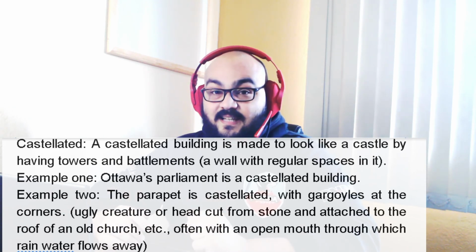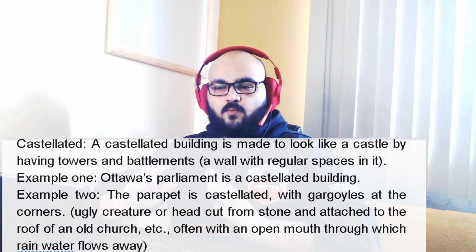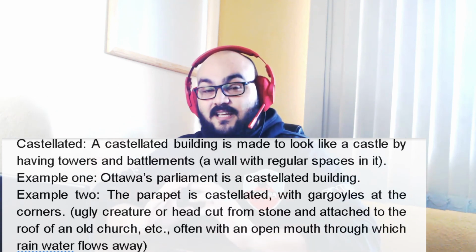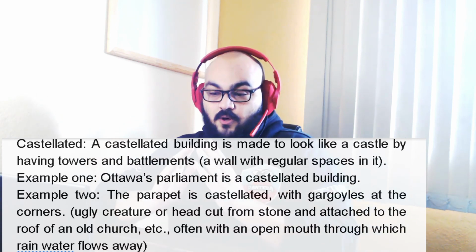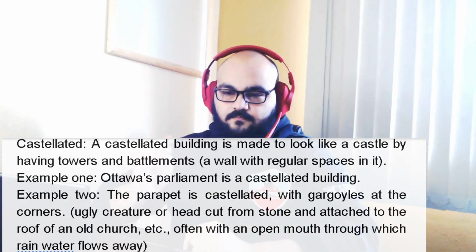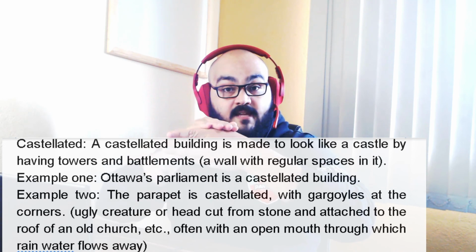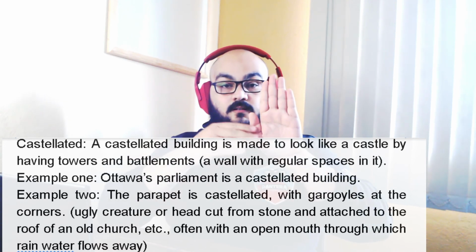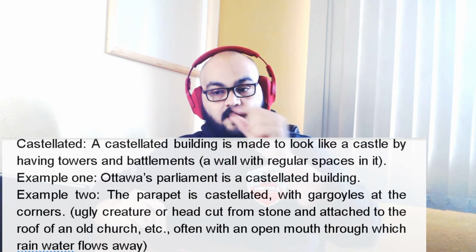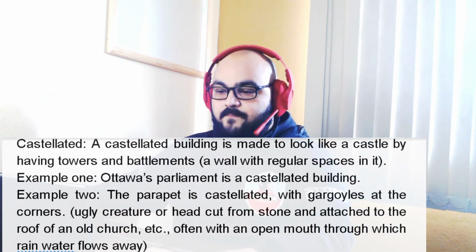Do you remember King's Landing? It was like a castle, wasn't it? So we can see those high walls, and we could see some intervals, some regular spaces in it. So you would have, for example, a tower here, then a wall with a space, another tower, another wall with a space, another tower. See, those spaces are battlements, okay?